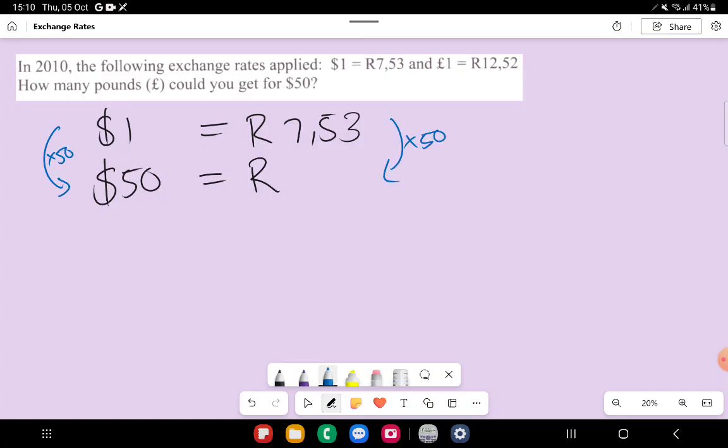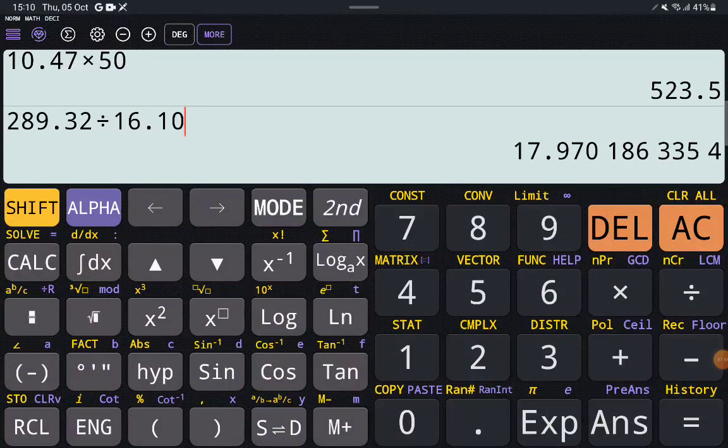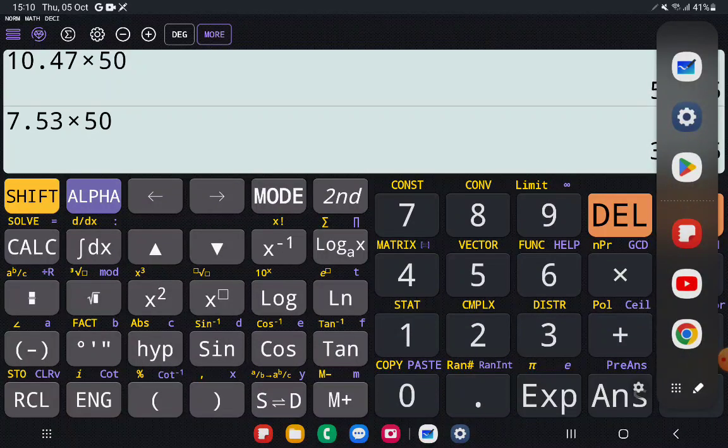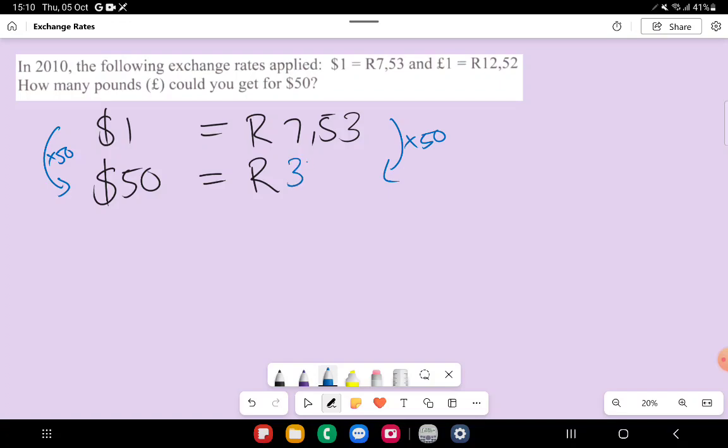Okay, so let's do that. 7.53 multiplied by 50, 376.50. That is how much it costs to get $50 in rands, right?